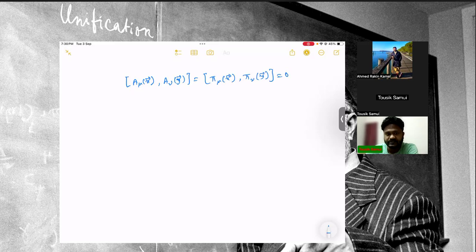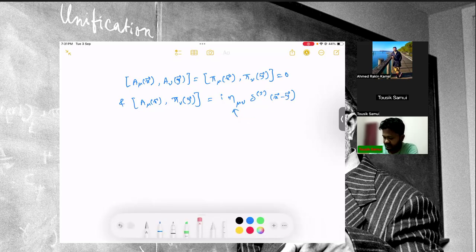These are the equal time commutation relations, and for A mu at x with its conjugate momentum, that is given by i eta mu nu, and so this eta mu nu actually tells that we have Lorentz covariance that we already discussed, manifested in it.